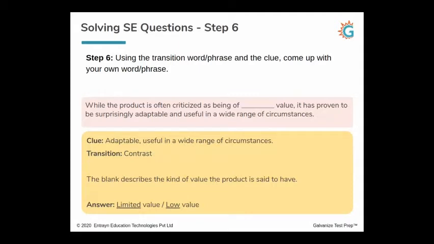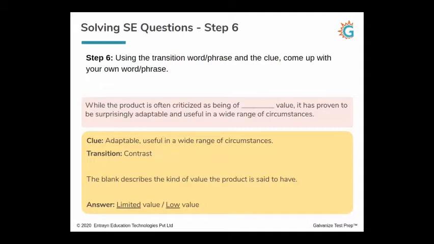Don't just say something negative or something positive, because in your options, at least 4 options would be negative or positive. So you cannot figure out which one the right options are. So come to something specific using the clues available. Something that is not useful in a wide range of circumstances is limited or fixed, or something that is not adaptable is of low value.